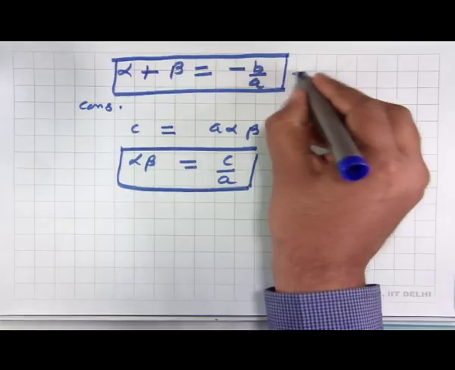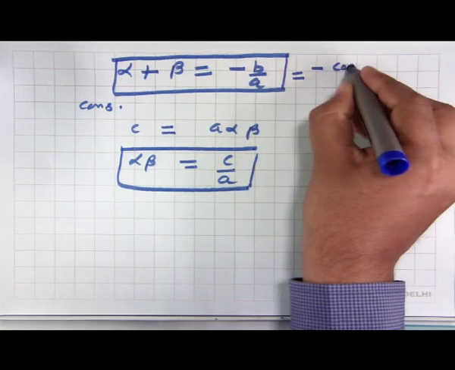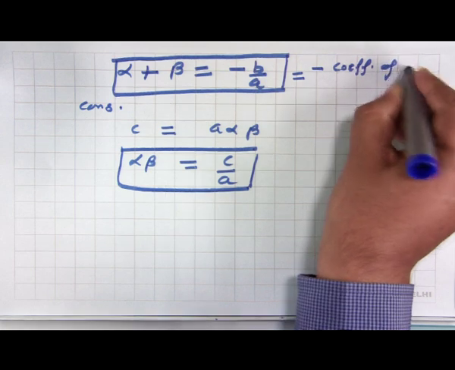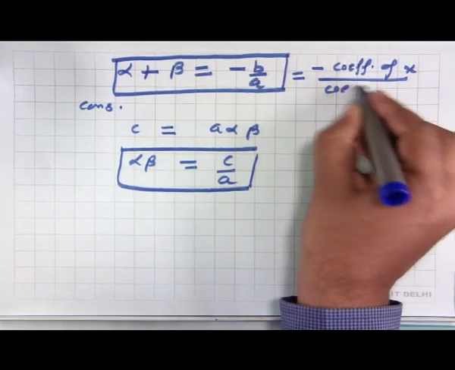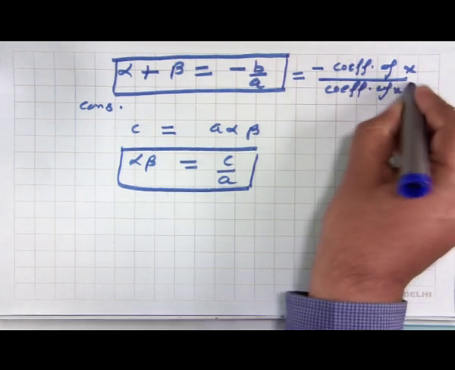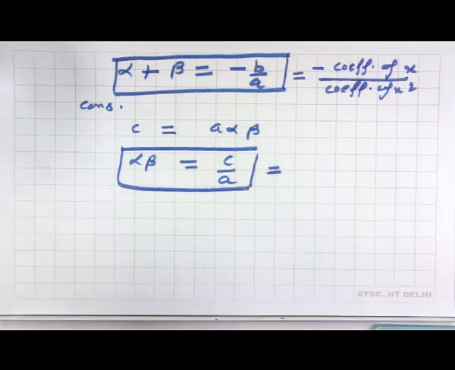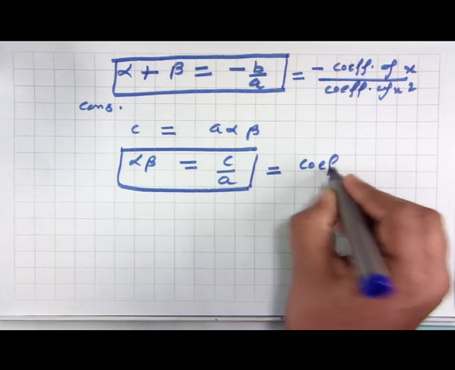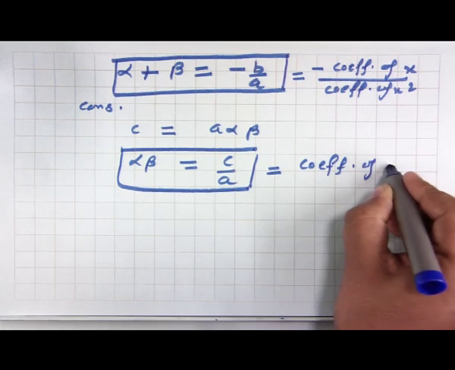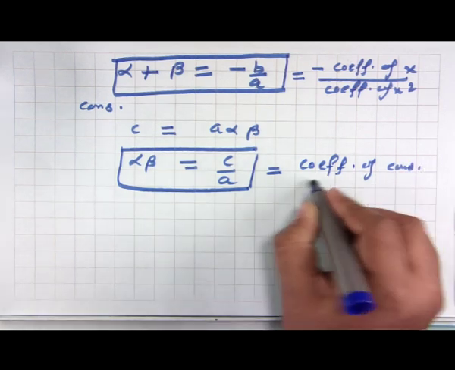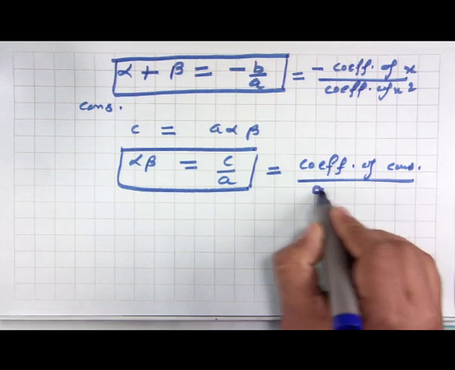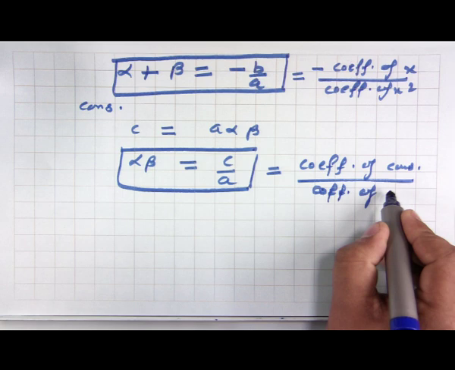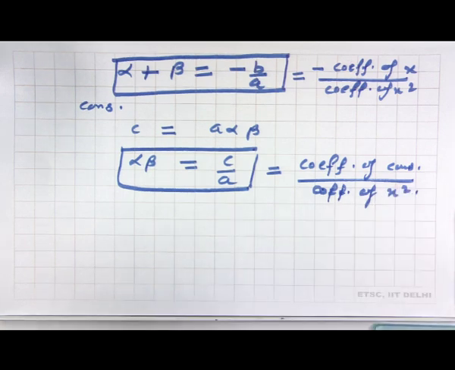The alpha plus beta is the sum of the roots and it is minus b over a. It can be written as minus coefficient of x over coefficient of x square, and the product of the roots is the constant part divided by the coefficient of x square.